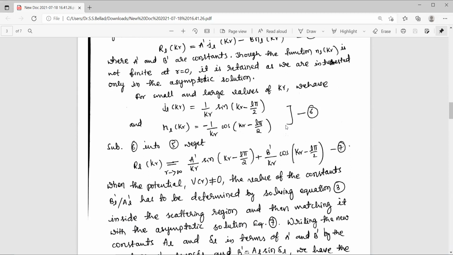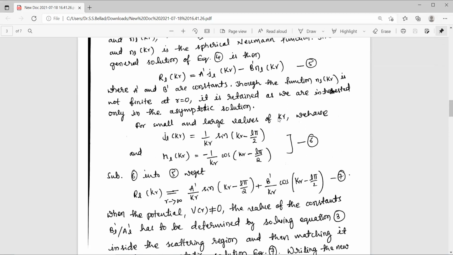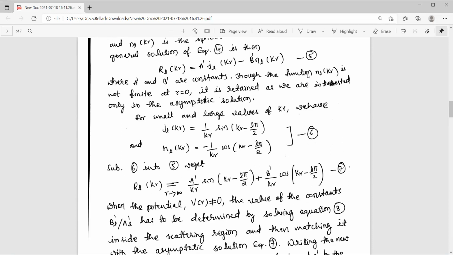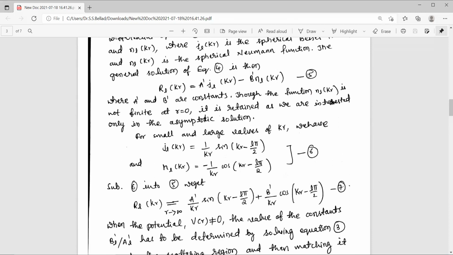Now we have to substitute equation 6 into 5. This is equation 6, and equation 5 is here. We have to substitute the values of JL of kr and NL of kr.